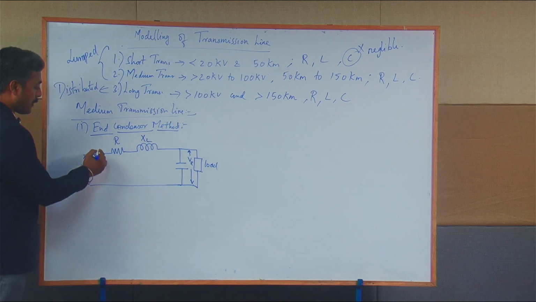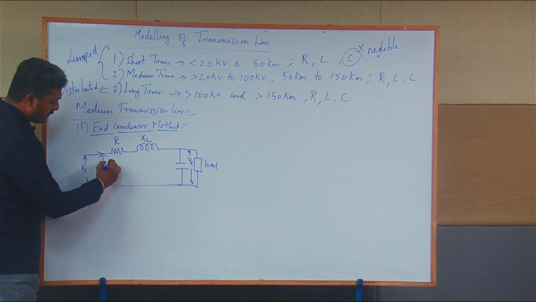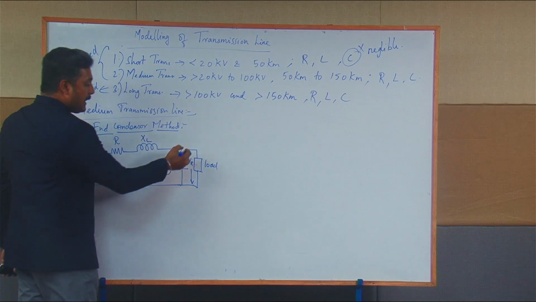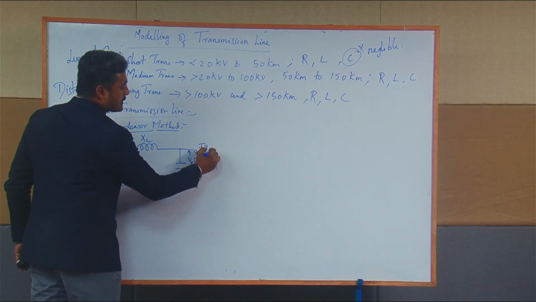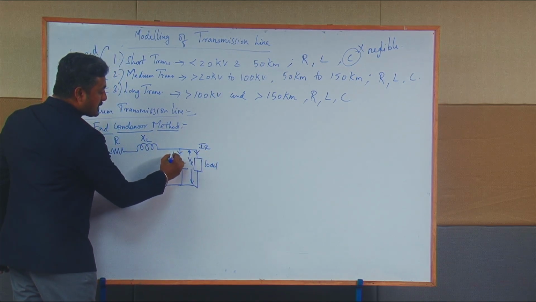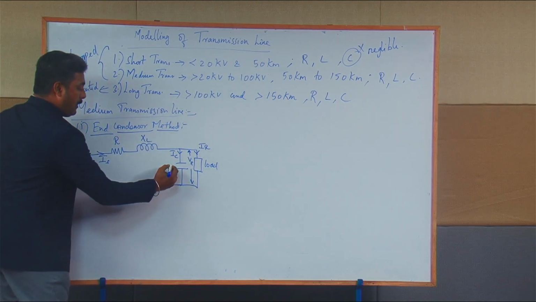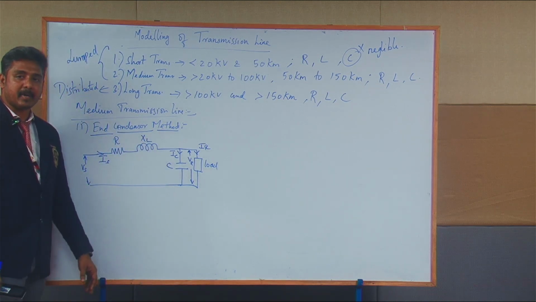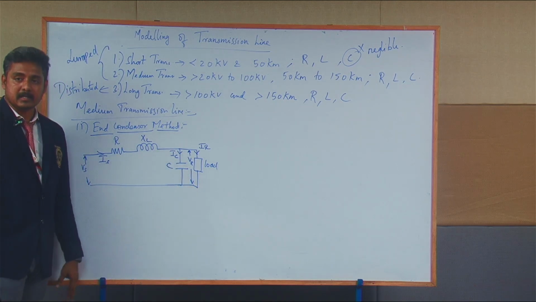The current flowing from the supply is taken as IS, that is the sending end current, and the current received at the receiving end, that is towards the load, is taken as IR, and the current towards the capacitance is taken as IC. Okay. Here also you will be taking the total lumped capacitance near to the receiving end.